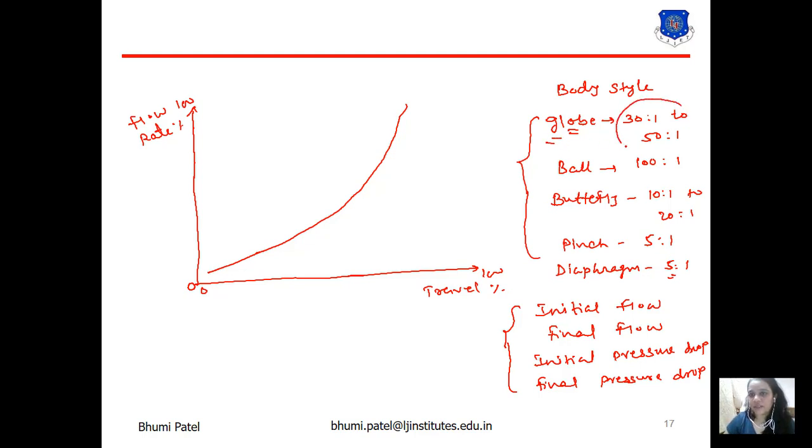So the value of the rangeability is different for the different types of control valve. Okay, so this is the rangeability of the control valve.